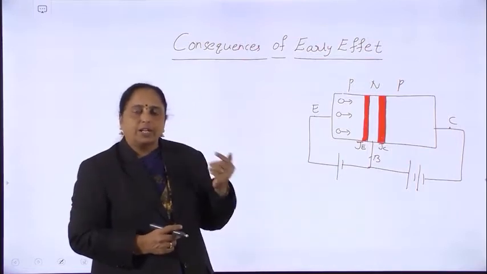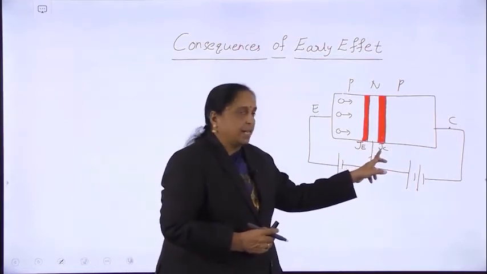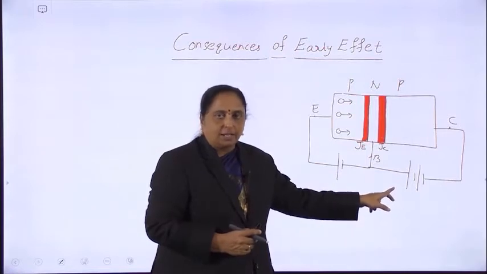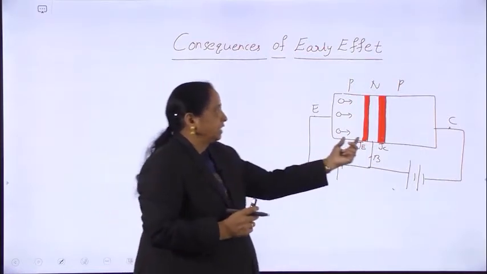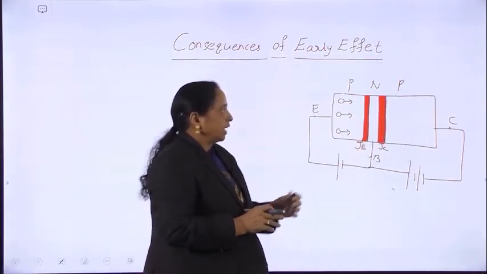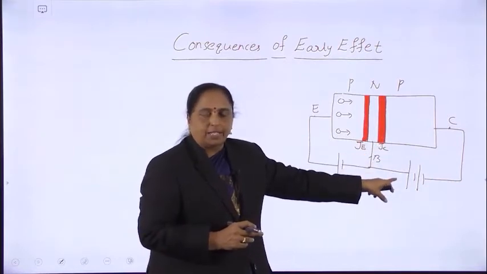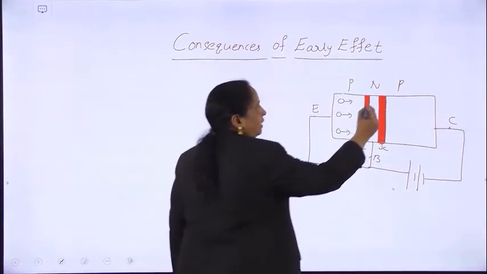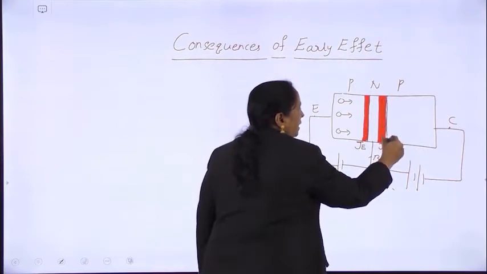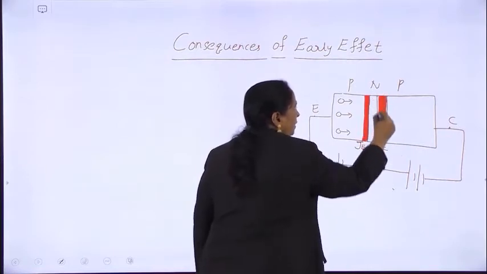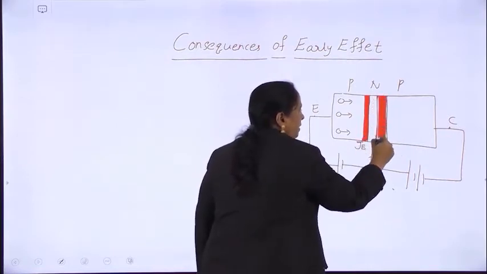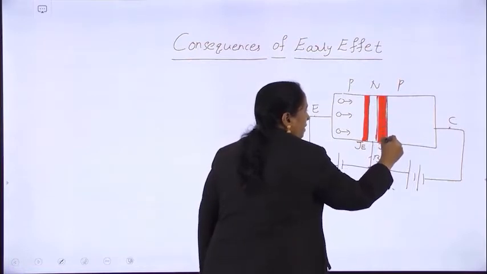Whenever you increase the reverse bias across the collector junction, the effective base width decreases, because the depletion width continuously increases from both sides, towards the base side and towards the collector side.